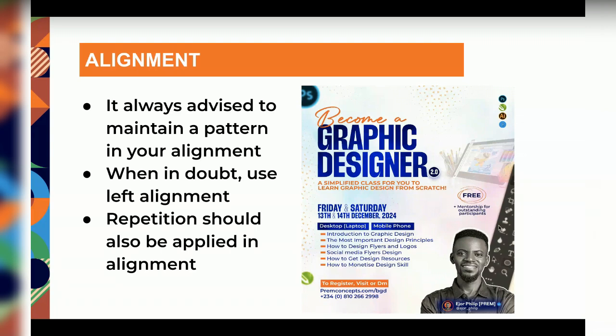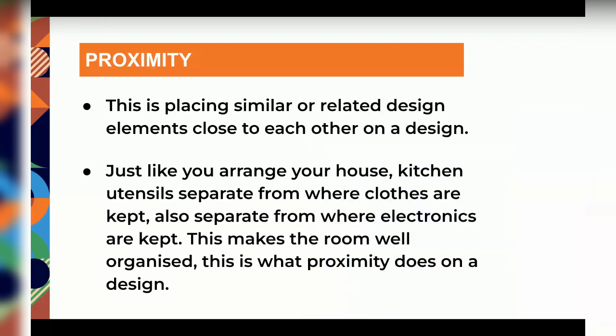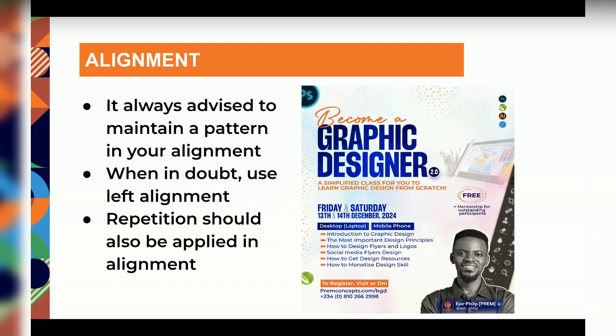This one now is a different section on its own, using center alignment there. Alignment is not so hard to understand. It has to do with all elements of design on the Canva and the work you are doing, how you align them.